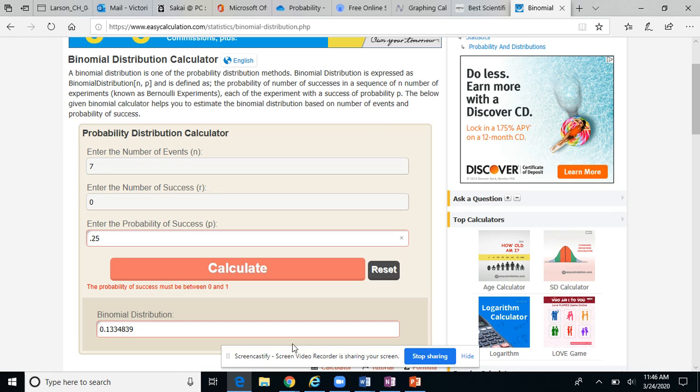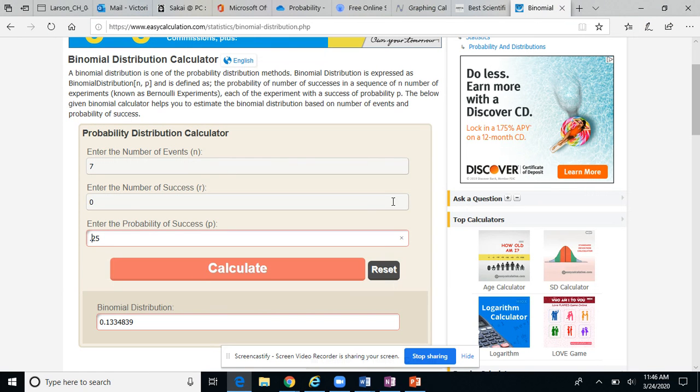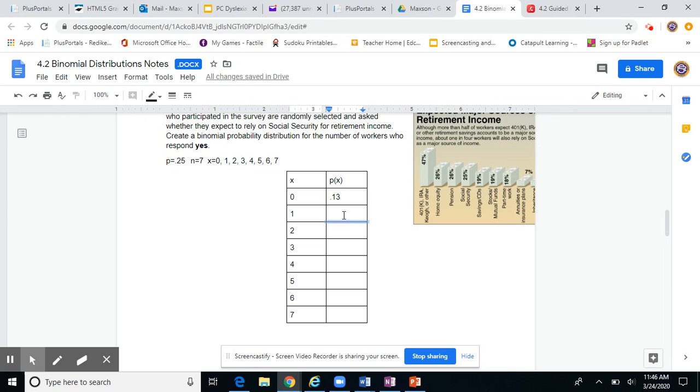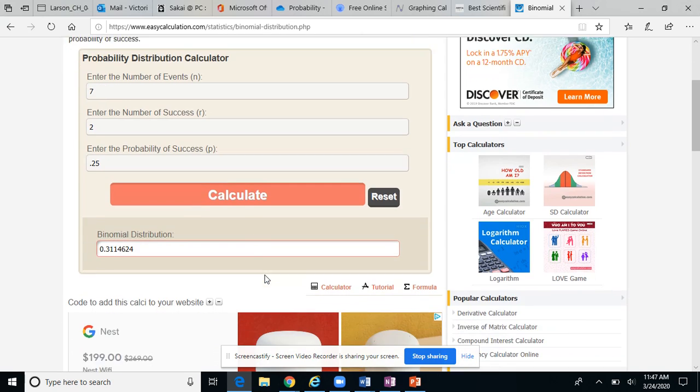Here, 0.13. So in my chart, 0.13 is for 0, and we're going to go all the way down to 7. For 1, you get 0.31. This is why it's really important to know how to do this on your graphing calculator or on the computer, because if you were to do this all out by hand, that would be very tedious.